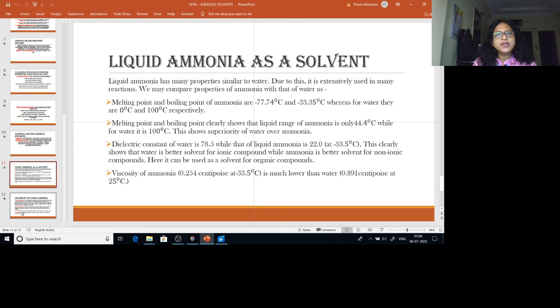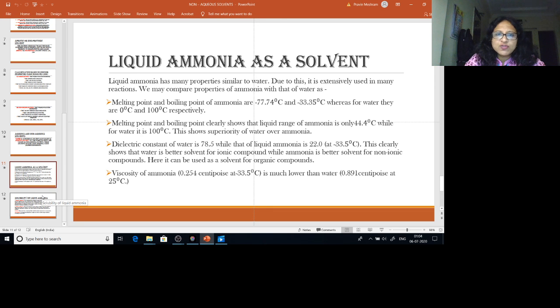The melting point and boiling point of ammonia are minus 77.74 degrees centigrade and minus 33.35 degrees centigrade, whereas for water they are 0 degrees and 100 degrees respectively. Melting point and boiling point clearly show that the liquid range of ammonia is only 44.4 degrees Celsius, while for water it is 100 degrees Celsius. This shows the superiority of water over ammonia.